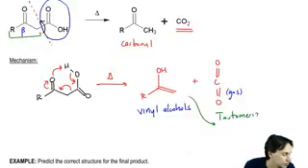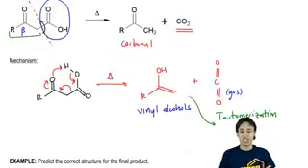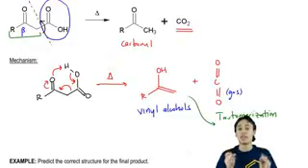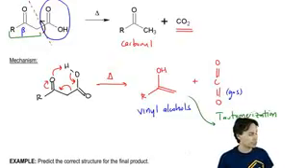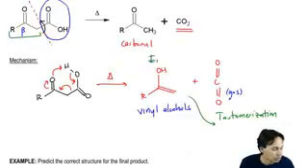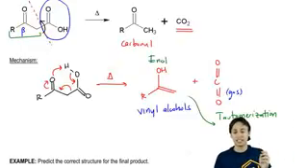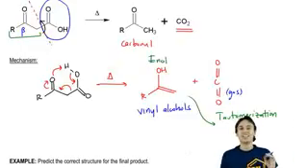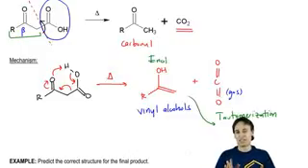Now, if you want more information on tautomerization, I have an entire video for that, and there's an entire section of your textbook dedicated to tautomerization and enol chemistry. This is called an enol. Enol or enolate chemistry is a huge deal. So, you're going to get there if you haven't yet, okay?